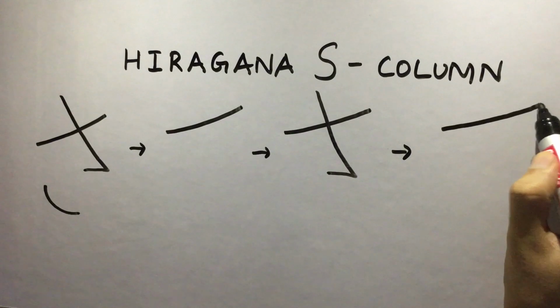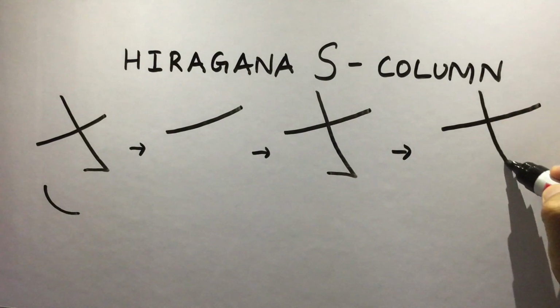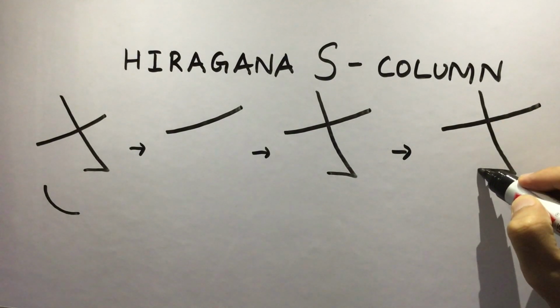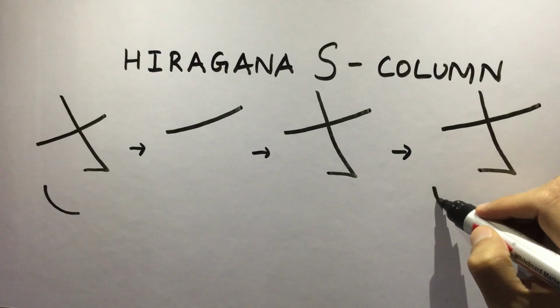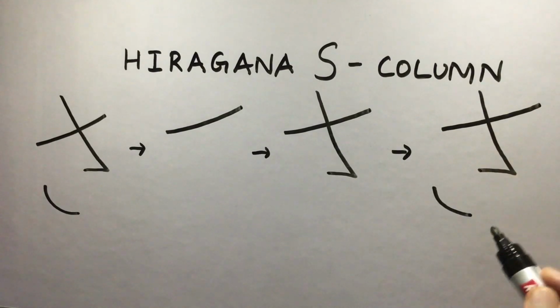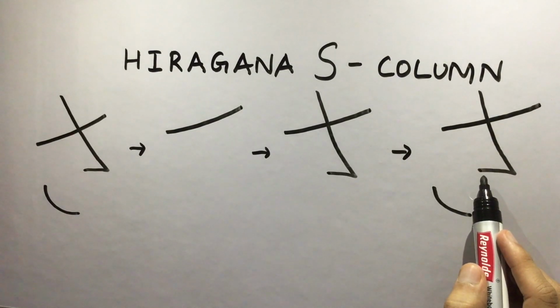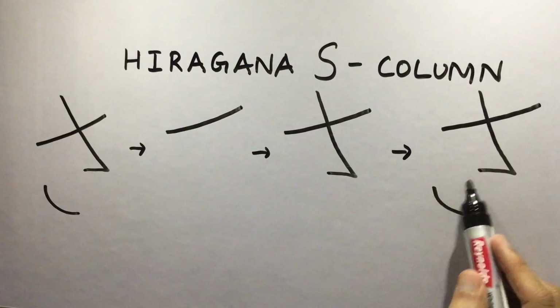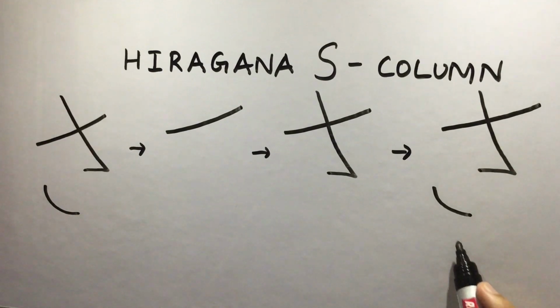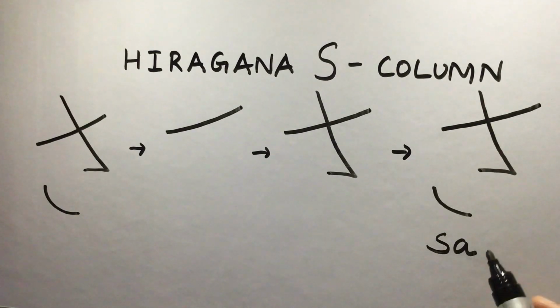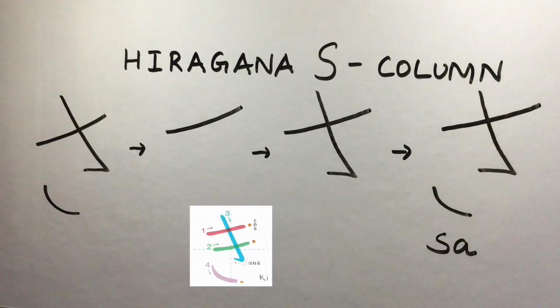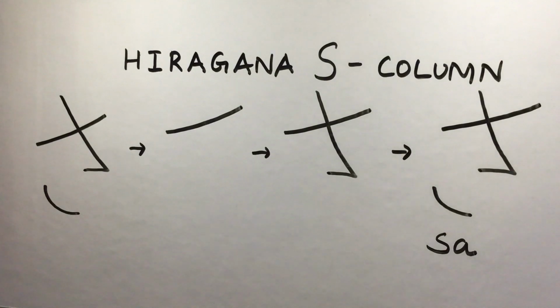Here's the third stroke. The end of the second stroke should end in such a way that it approaches the beginning of the third stroke. This is sa. It looks a little bit like the key of the K column, except that key has 4 strokes and sa has 3 strokes.